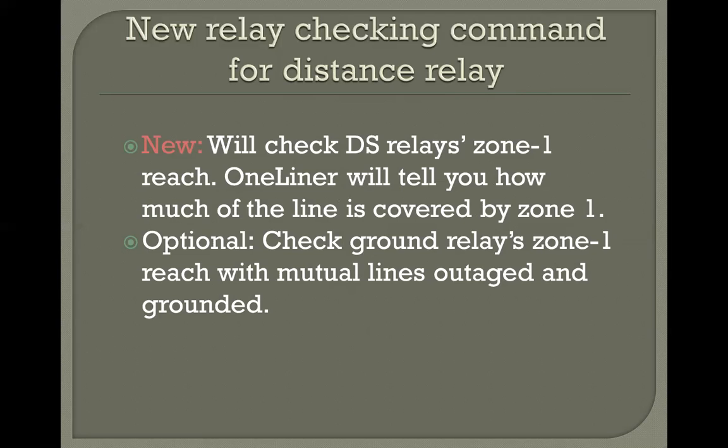It's well known that when you have lines out of service and grounded, they affect even the zone 1 reach of the line. So this is maybe important if your utility has the practice of grounding lines that are taken out of service.